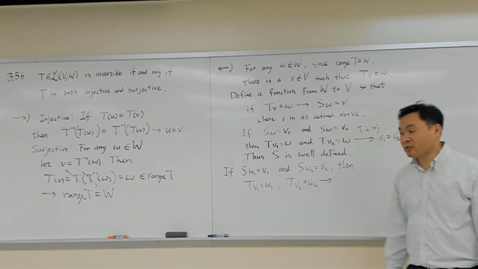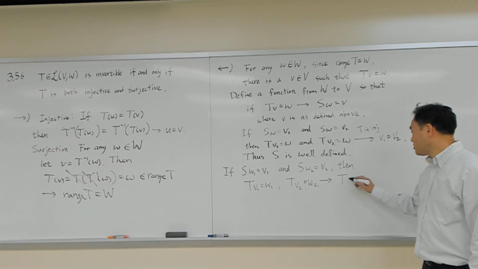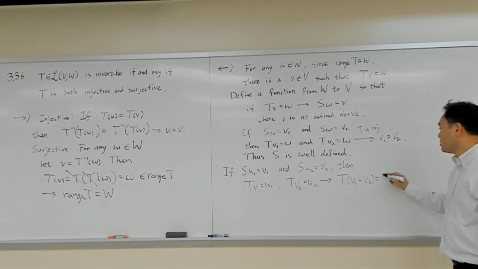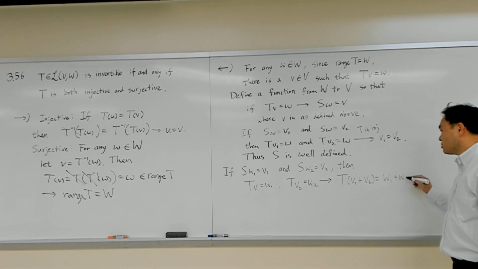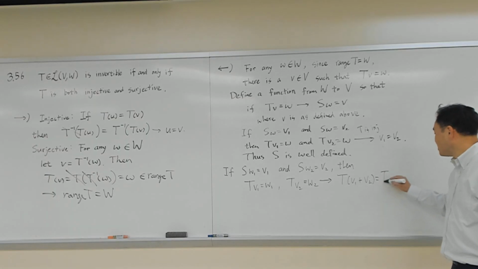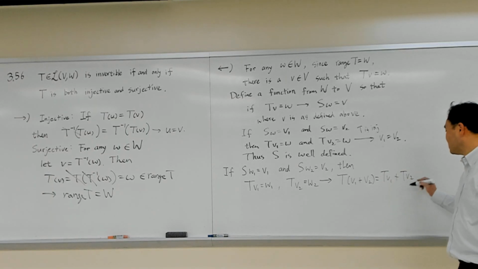Because T is a linear map, additivity says T of v1 plus v2 is T of v1 plus T of v2, which equals w1 plus w2.